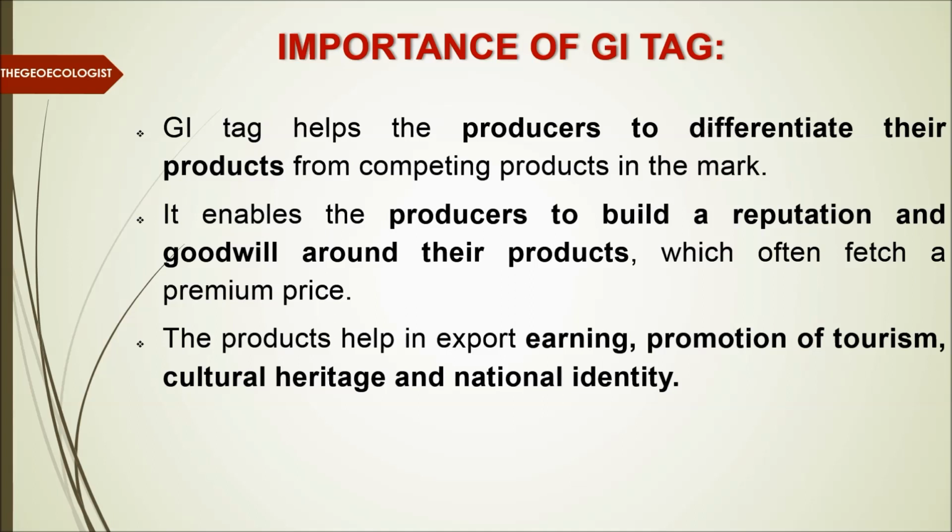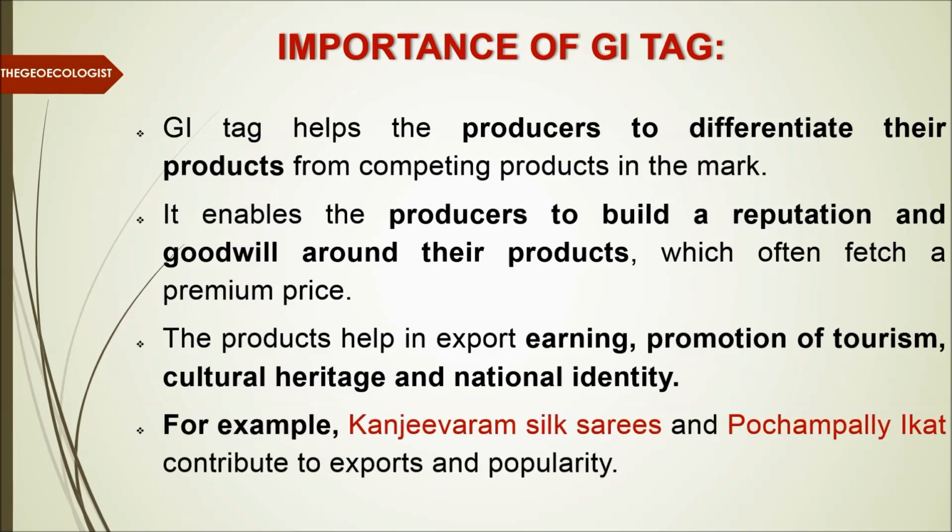So it is facilitating your trade and promotion of tourism, cultural heritage, and with that, national identity. It is not just part of common business, but it is also adding to something very important, that is national identity. So it promotes that as well at a world level. For example, Kanjivaram silk sari and Pochampalli ikat contribute to exports and popularity, very famous.